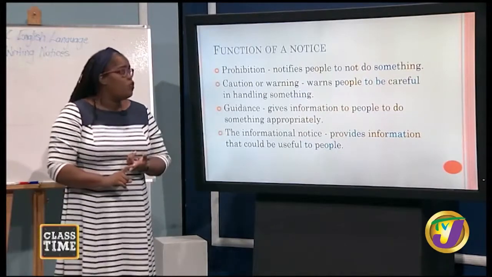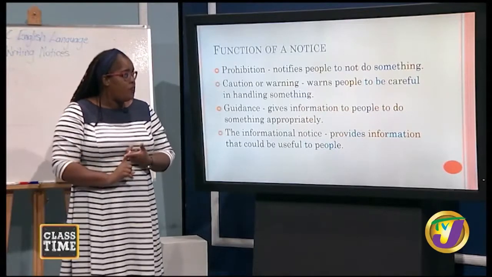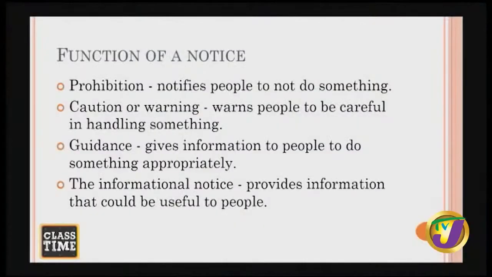So one is used for prohibition, which notifies people to not do something. Caution or warning warns people to be careful in handling something. Guidance gives information to people to do something appropriately. Have you ever seen that?